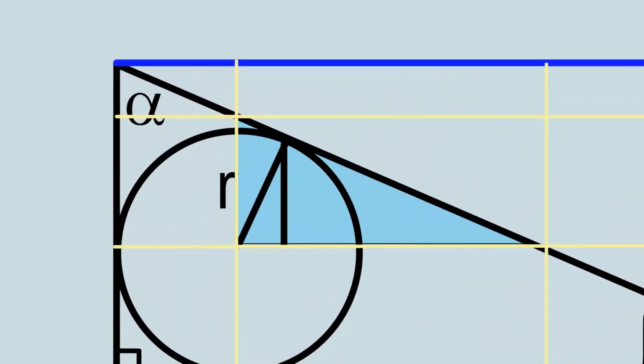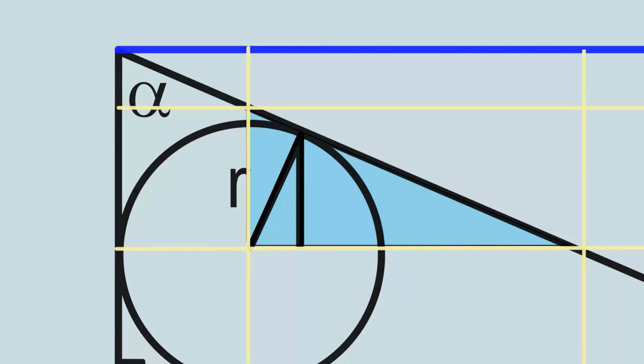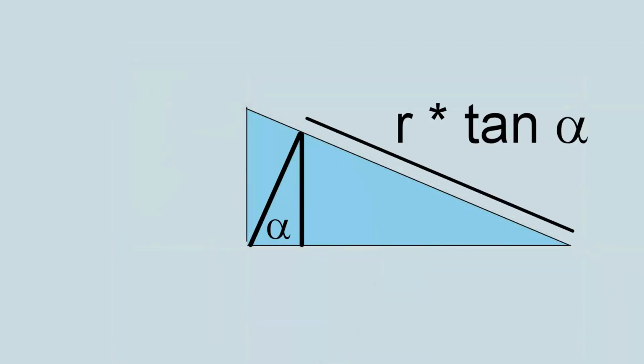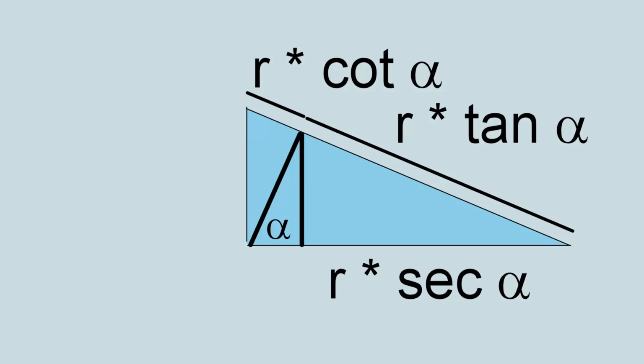Now let's take a look at the superfluous triangle. And here we can use angle alpha and see that this length is r tangent of alpha, and that length is r cotangent of alpha. The base is r secant of alpha, and the height is r cosecant of alpha. Now we could use the angle alpha to determine the lengths of each of these legs.